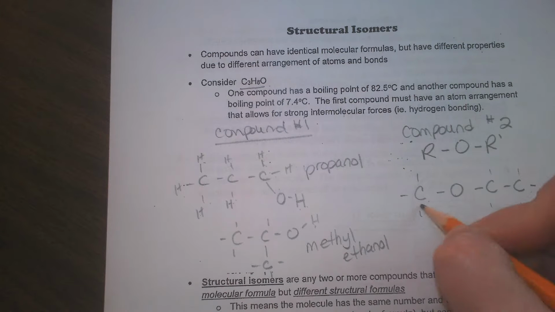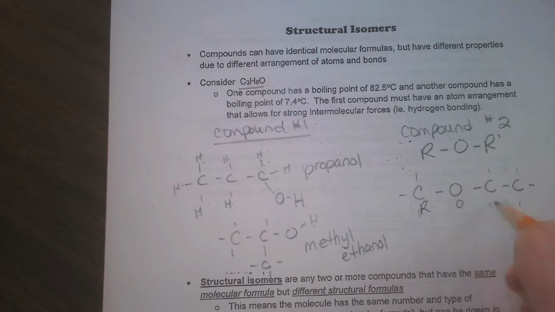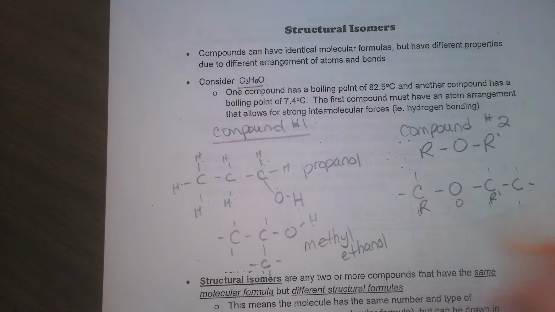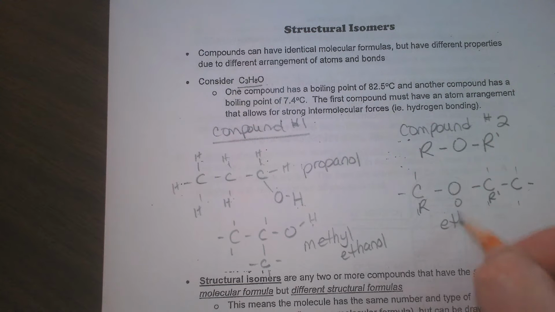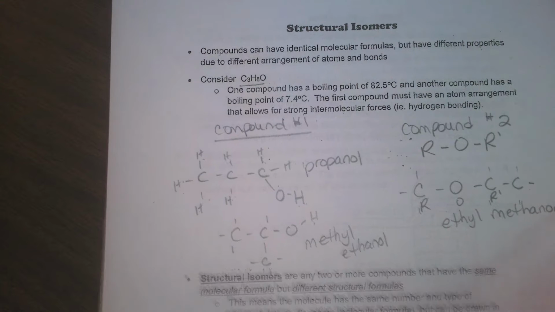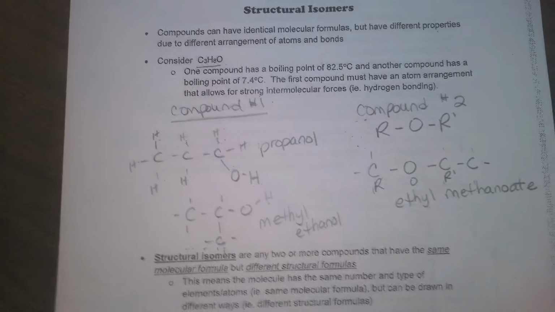If we did it left to right, R, O, R prime, what would that name be? Ethyl methanoate, right?